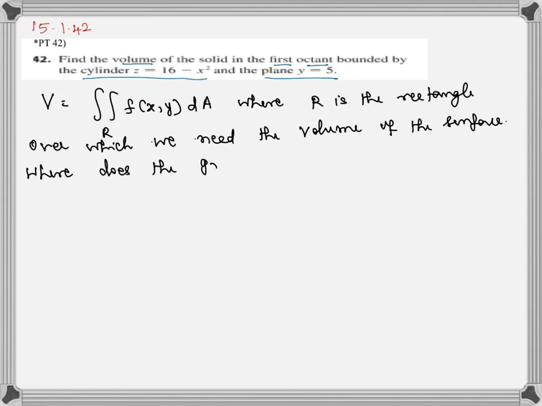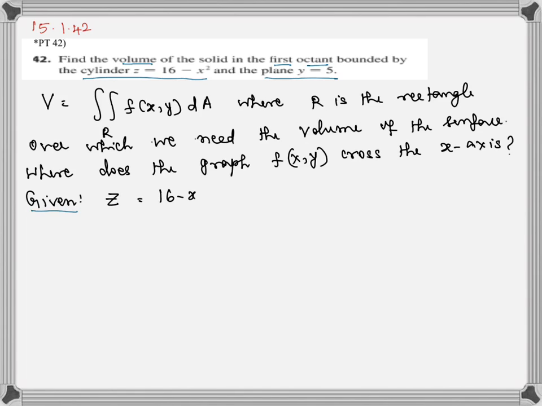So where does the surface cross the x-axis? This is done by setting z equal to 0. If there was y, you would set y also equal to 0. But the surface doesn't have a variable y, so we will set z equal to 0.